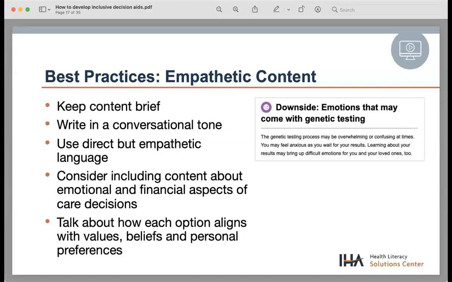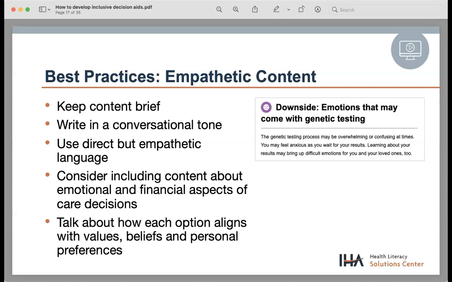It's helpful to give people a heads up about that, and just the fact that there may be a trade-off involved in the financial investment or having to deal with insurance in order to pursue a certain treatment option. So acknowledging that financial piece and health insurance coverage is part of the decision-making process as well.